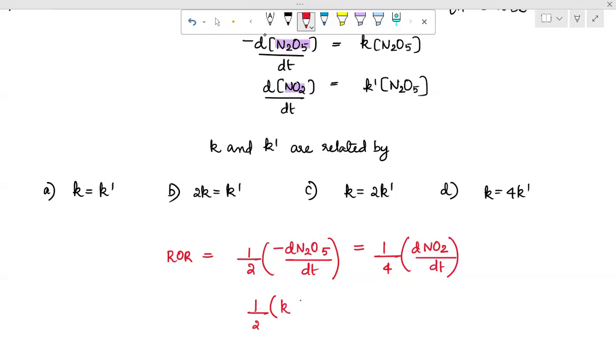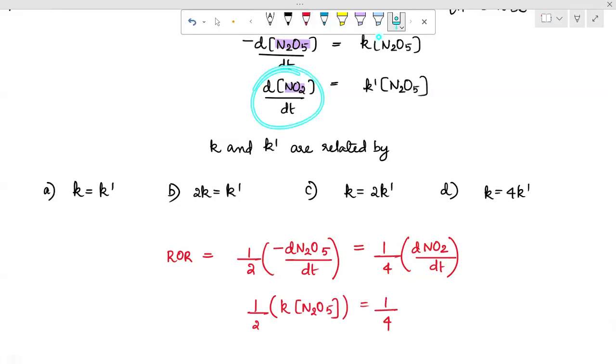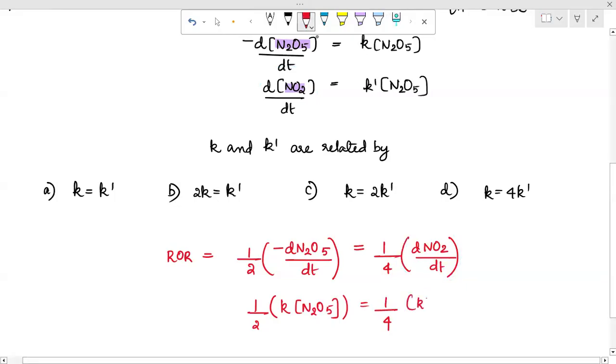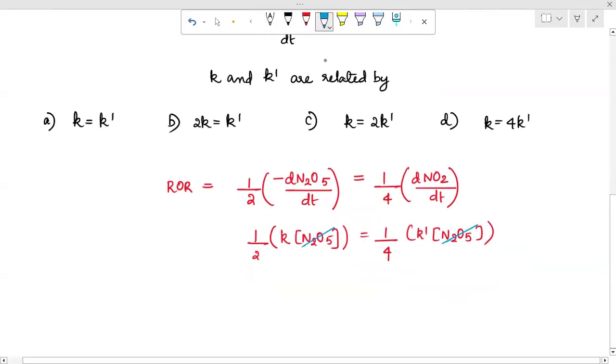So we write it as K times concentration of N2O5. And that is equal to 1 by 4, changes of NO2 with time. And that is equal to K prime [N2O5]. So let's write K prime [N2O5]. Correct? Now, N2O5 is common. You can cancel that out.